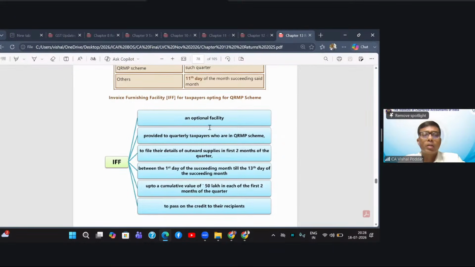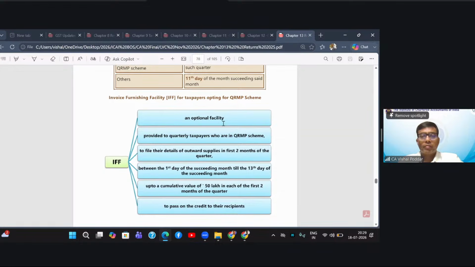But in order that you can pass on the credit on a monthly basis so that your business is also not affected, you need not wait for your GSTR 1, which you will be filing only quarterly. You can upload the invoices on a monthly basis. So even though you will be filing your GSTR 1 quarterly, your recipients will not be impacted adversely.